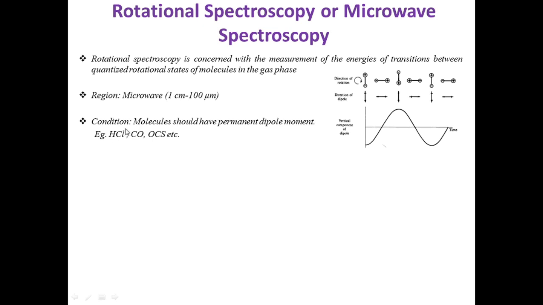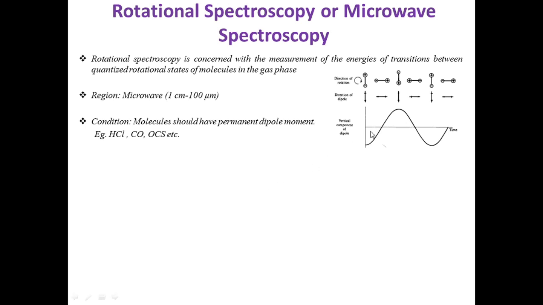In case of this kind of molecule, for example in HCl, the plus and minus charge changes periodically and the component of dipole moment in a given direction fluctuates regularly. This fluctuation is exactly similar to the fluctuating electric field of radiation.